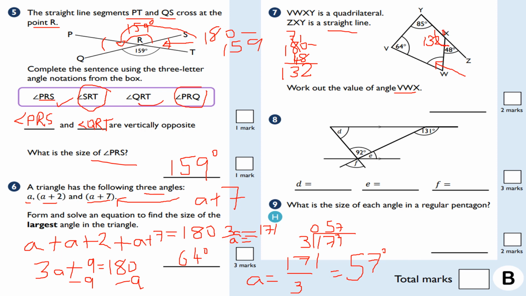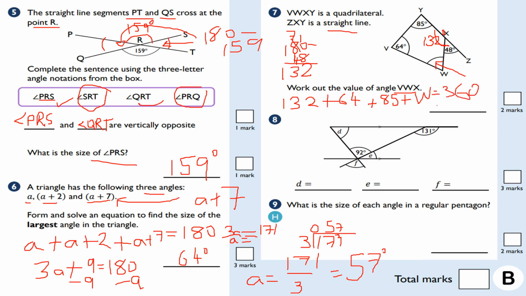And then to work out this angle, well, angles in a quadrilateral add up to 360. So I've got 132, okay, plus 64, plus 85, plus that angle there. Okay, I'll just call it W. Has to equal 360, okay? Rearrange this, okay?